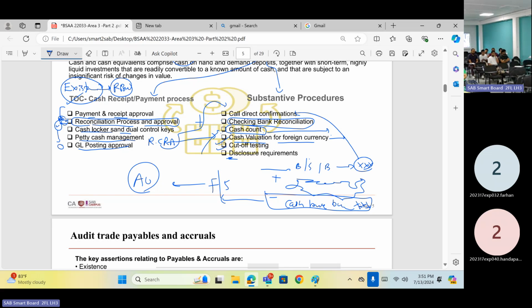And further, LKAS 7 cash flow statement clearly defines cash and cash equivalents. So then accordingly we need to decide disclosures. Any restricted cash should be disclosed.